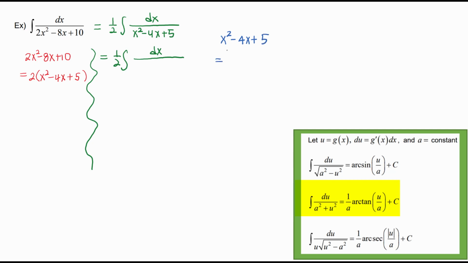We are going to put the first two terms inside of a parentheses, and then we're going to leave the constant term outside of the parentheses. And then we are going to take half of the middle term, half of 4, which is 2, and then you are going to square the number, which is 4, and then you are going to add the number inside the parentheses, right?